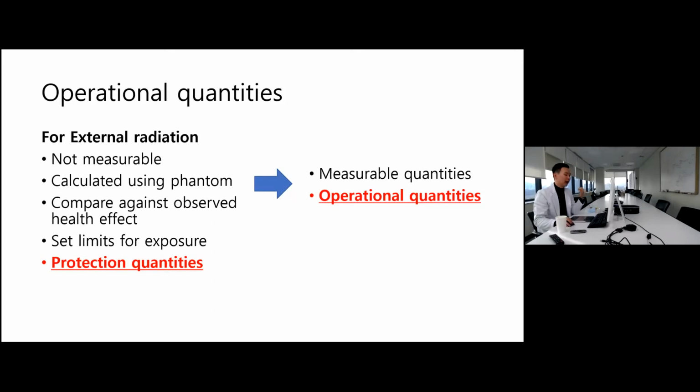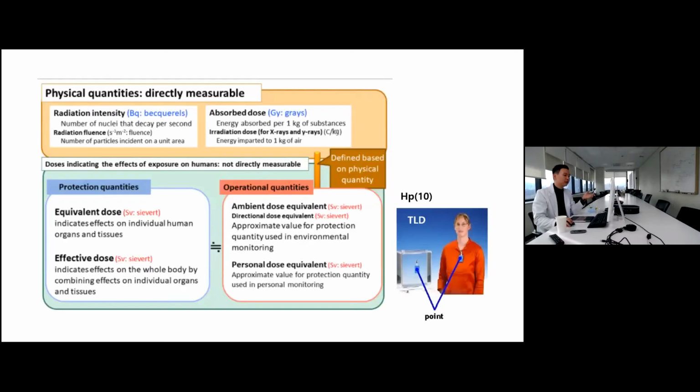The purpose of such effective dose is to show a risk, a stochastic effect, but it cannot actually be measured. So we need some unit or component that we can measure, and it is known as the operational quantities.